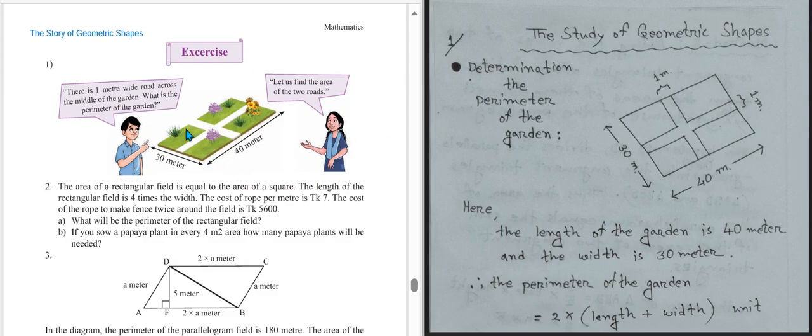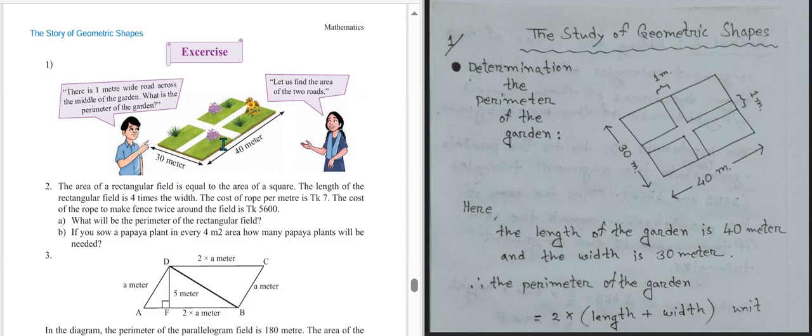We know that in a parallelogram, the opposite sides are the same in length and parallel. So the distance of both lengths is the same and the distance of both widths is the same.